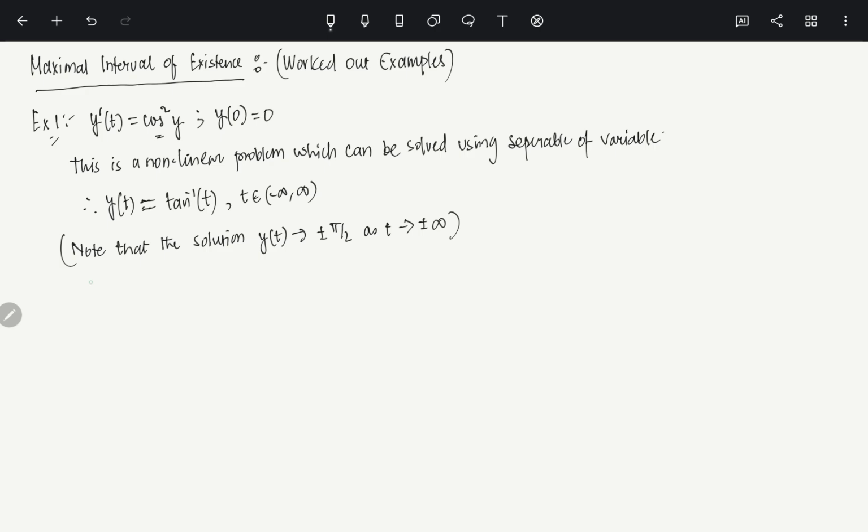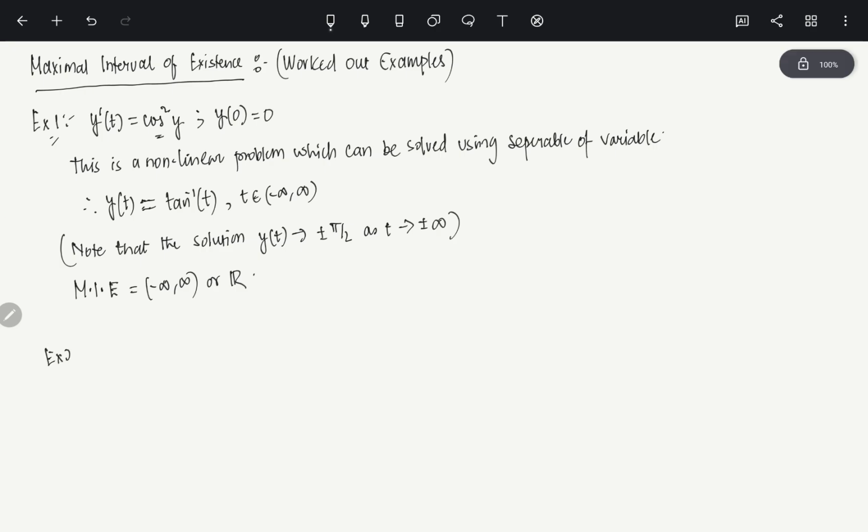So essentially the maximum interval of existence, MIE, in this case is minus infinity to infinity, or the whole of R.